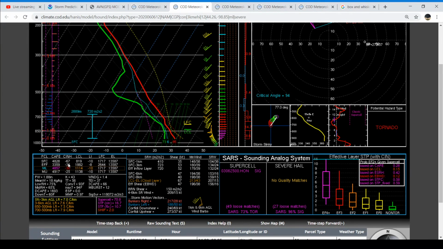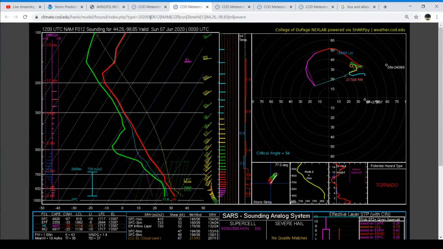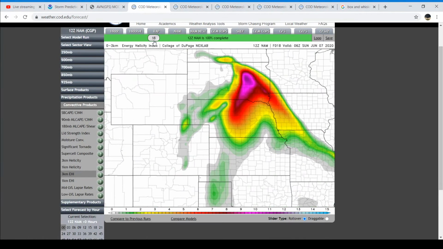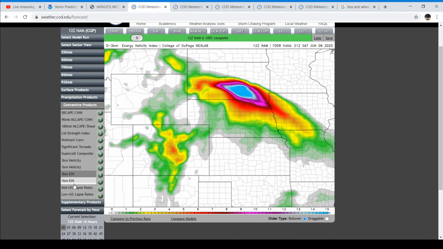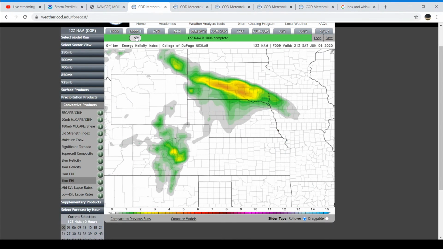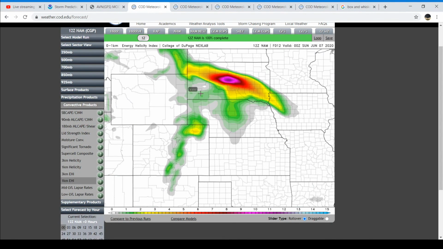Our convective inhibition is not really that strong. So we can even see that with the 0-1 kilometer and the lower levels being really high through this region.